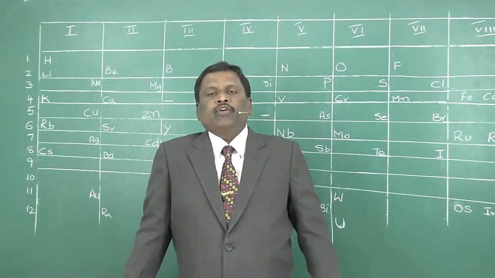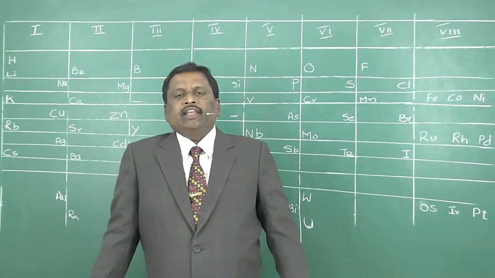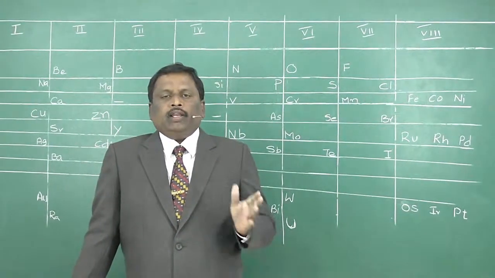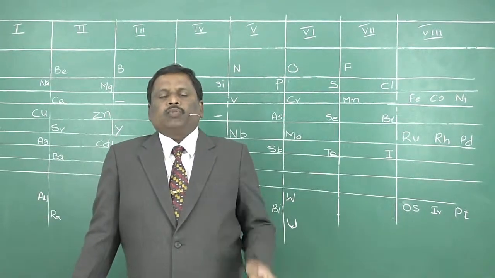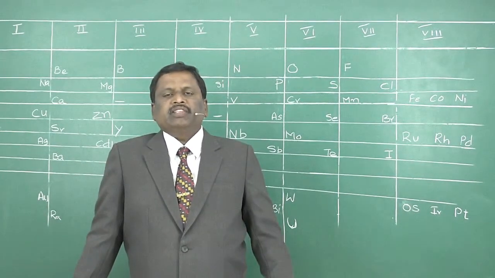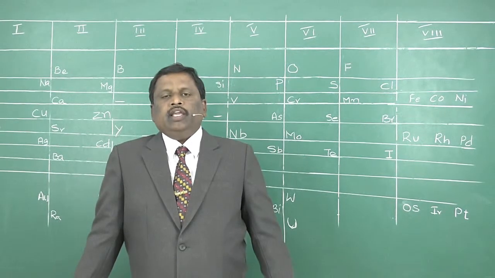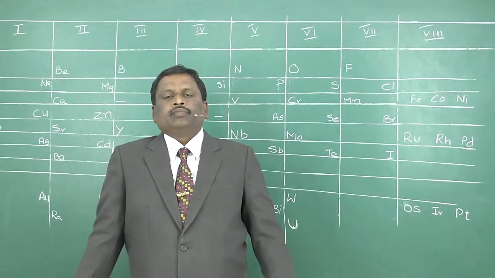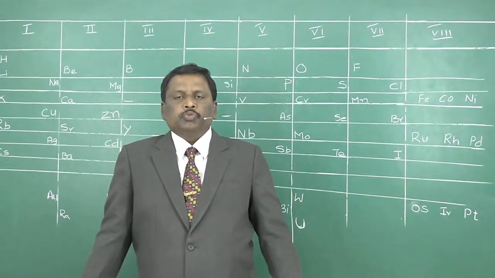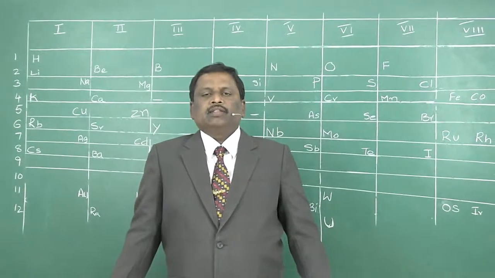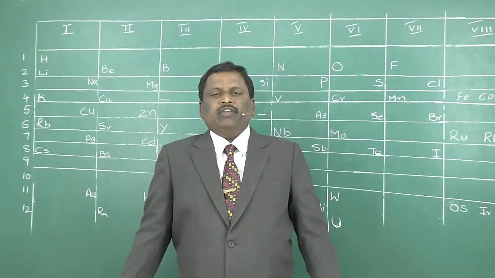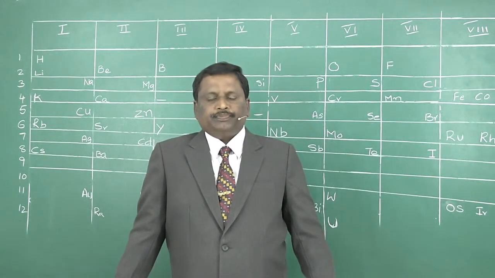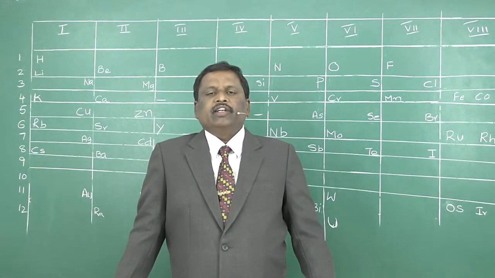That means if we arrange the elements in increasing order of their atomic masses, the regular reappearance of properties will be observed. Based on this, he arranged the atoms in vertical columns and horizontal rows. The vertical columns are called groups and horizontal rows are called periods. In that way, he arranged elements in 8 vertical columns and 12 horizontal rows.